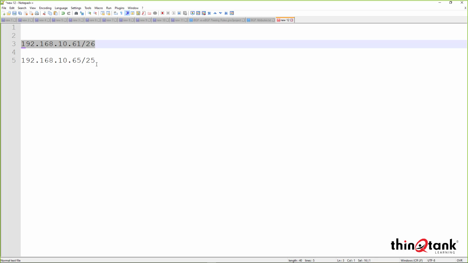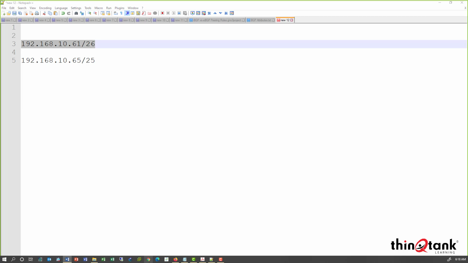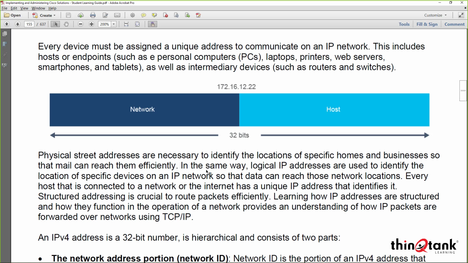So I always teach my students that the subnet mask plays probably a more important role in defining how clients communicate and how routing works than the actual destination prefix or destination address itself. So it's very important that you understand that relationship. And again, it doesn't matter if it's V4 or V6.